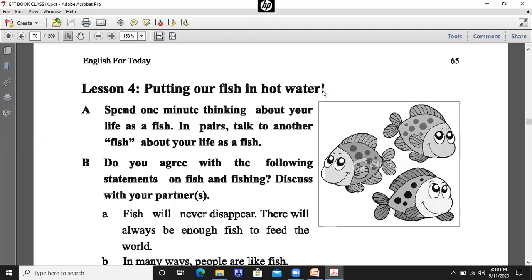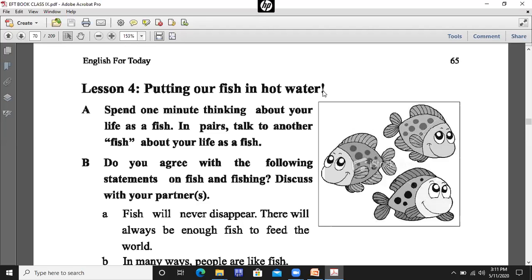If we look at the surface meaning of it, we know that day by day the temperature of our climate is increasing. That's why the water of lakes and rivers is becoming hot. In that sense, we are putting our fish in hot water because the water is becoming warmer day by day.